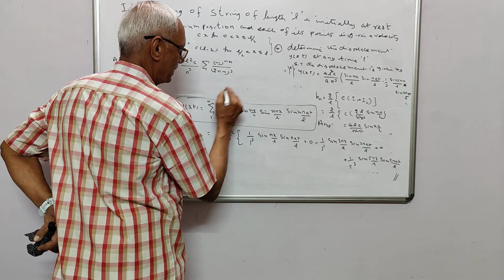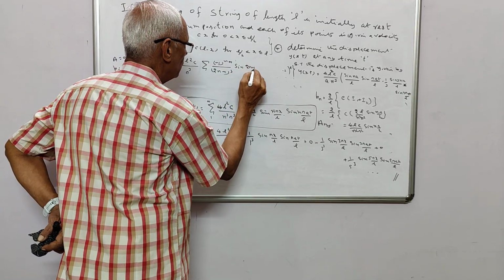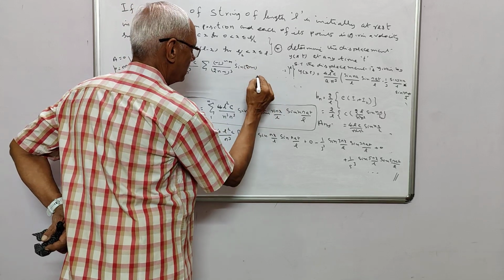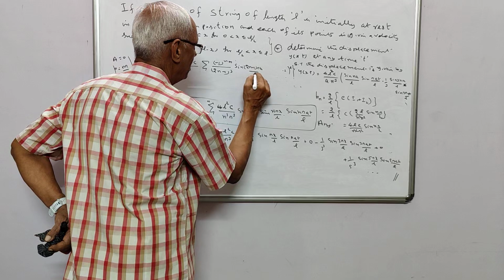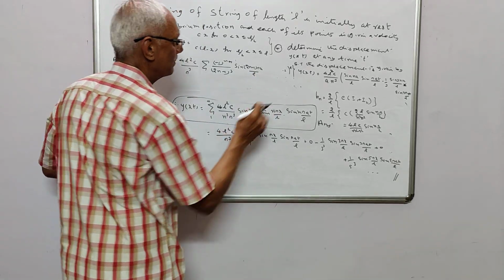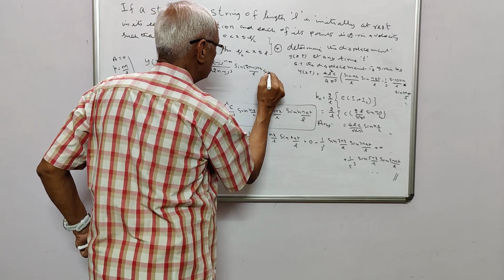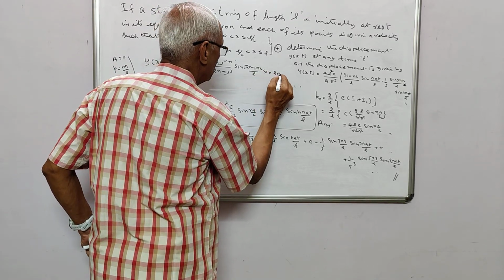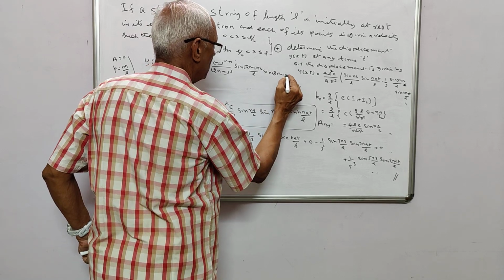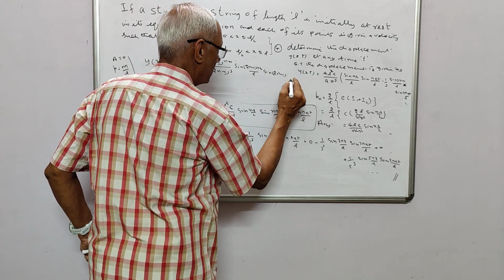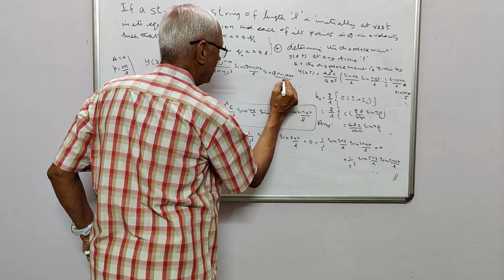Then this is sine (2n minus 1) pi x by L. Then sine (2n minus 1) pi at by L.